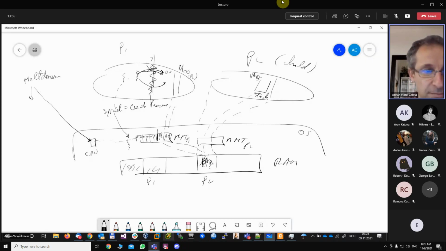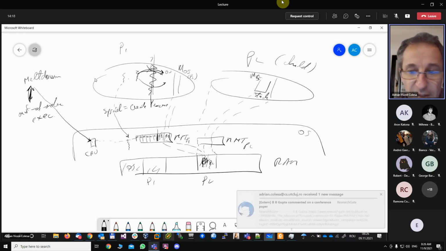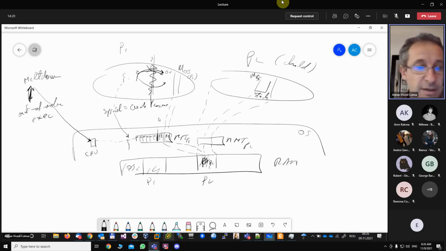Meltdown is because of out of order execution of instructions inside the CPU. I suppose you know what I mean. The CPU tries to execute more instructions in parallel, maybe not in the order they are given in the executed process.